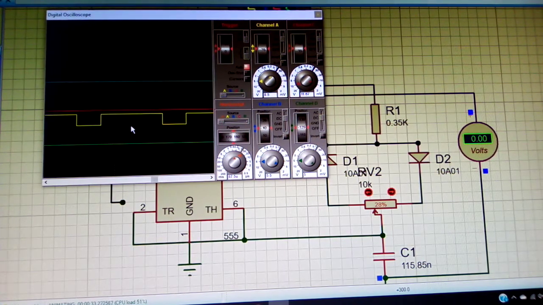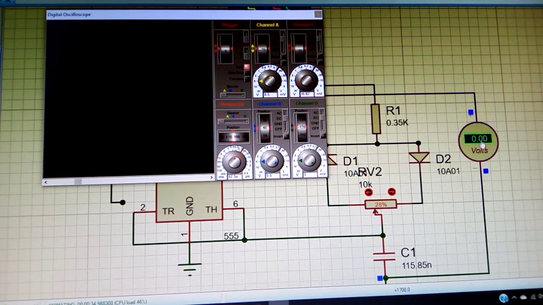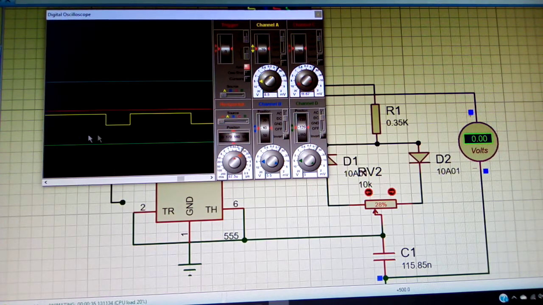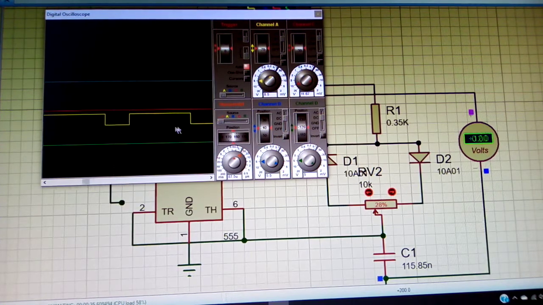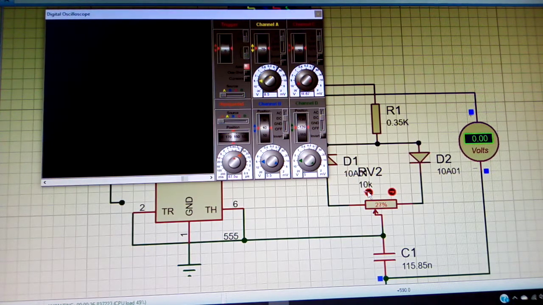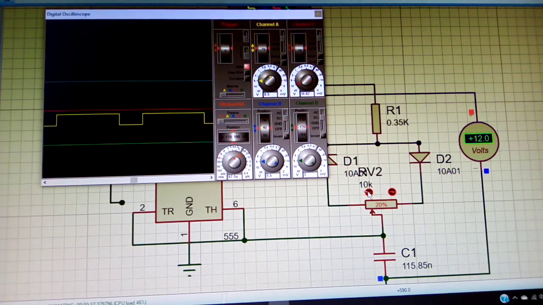Then I can consider that the more percentage is up, the multimeter will be at 12 volts for more time.